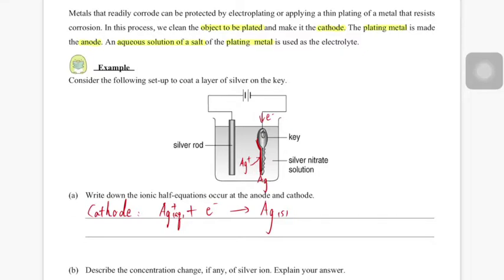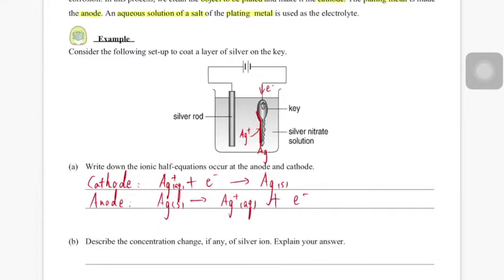So at the anode, we have the silver rod, which loses electrons and forms silver ions. The silver rod will lose an electron and become a silver ion. Remember the state symbols. In that case, it replaces the loss of silver ions in the electrolyte.